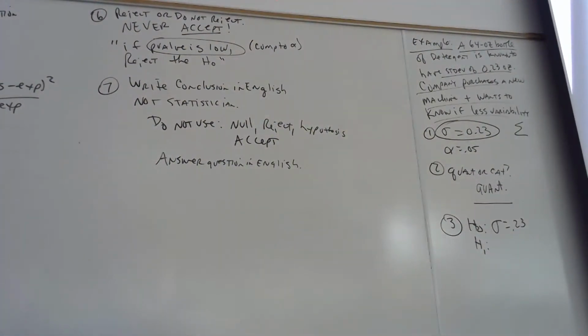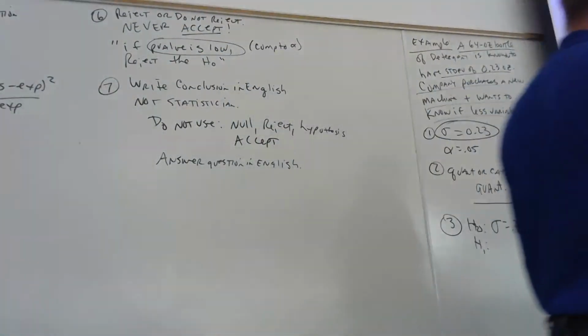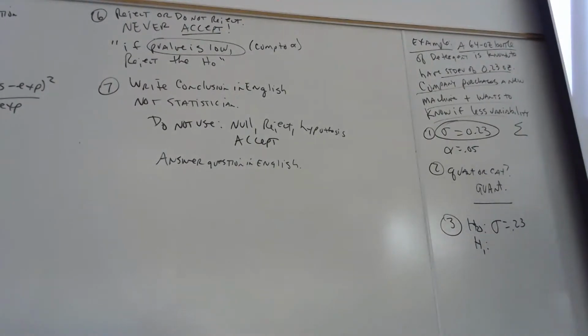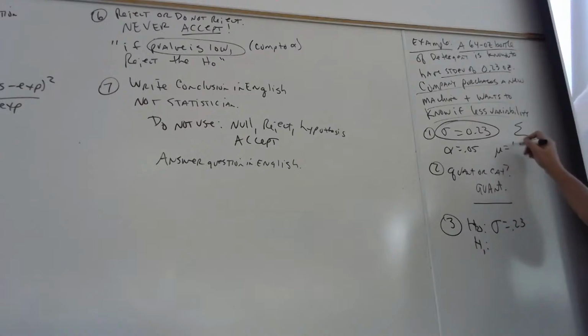Okay, we can actually do a hypothesis test on standard deviation, although you guys aren't going to learn it. But I would like you to make sure that when you're doing this, you get the letter right, okay? What if the standard deviation and mu were given, say 64 ounces?